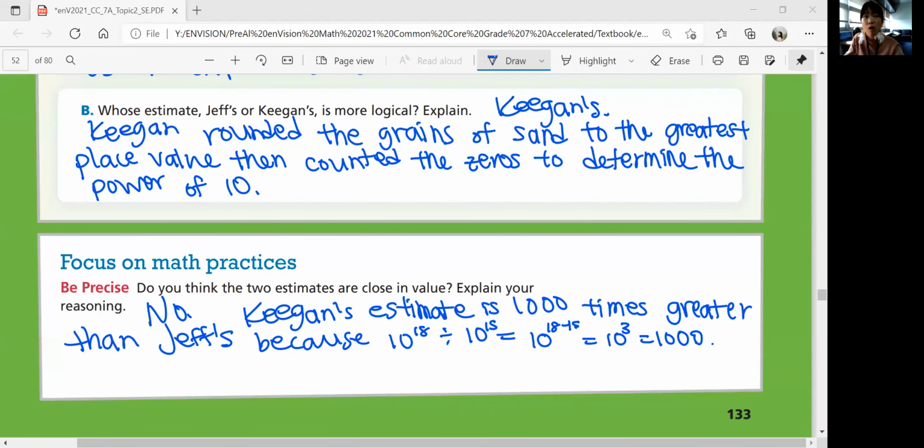No, it's not close. Keegan's is more accurate and closer to the actual number. You have to round the number to the greatest place value. You can't just get rid of it, right? It's going to be much smaller if you get rid of all the digits that are bigger than your zeros.